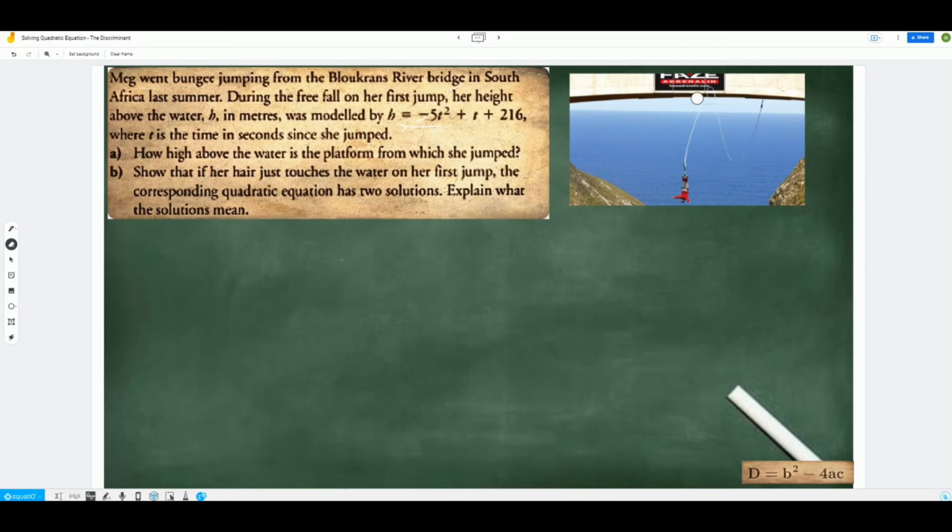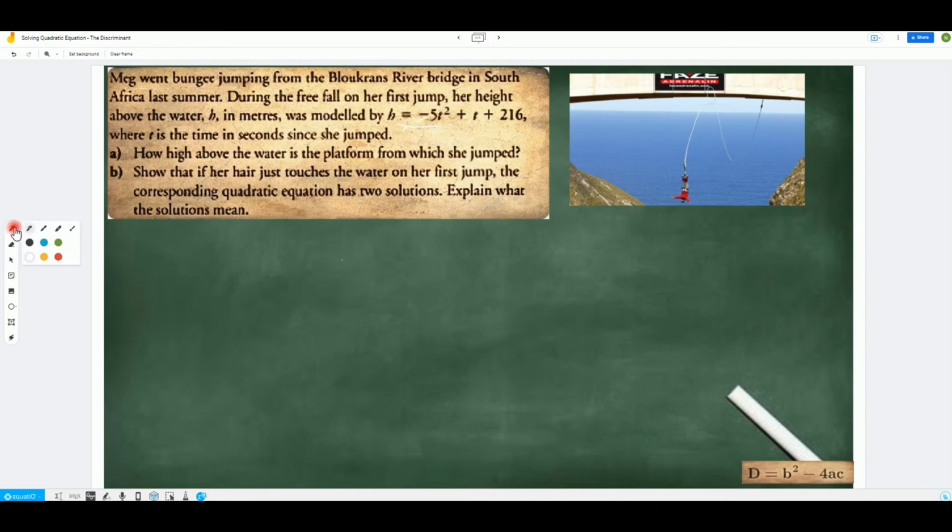So this is height h above the surface. Okay, if her hair just touched the water on her first jump, if her hair touched the surface at this time, then h should equal 0, right? So let's do it.